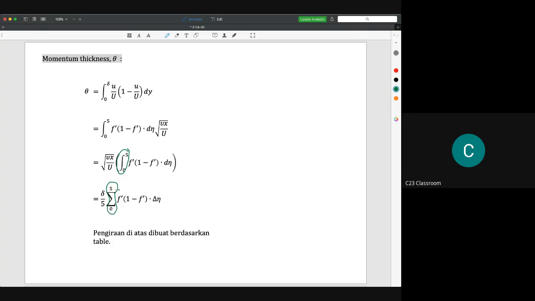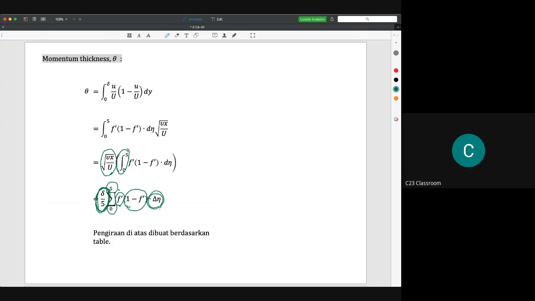So we change the integral here with the sigma, and then we know here that nu x over u can be replaced with delta over 5. I showed this in the previous calculation. And then we need to find the value of f prime times 1 minus f prime, and we multiply the value with the delta eta.